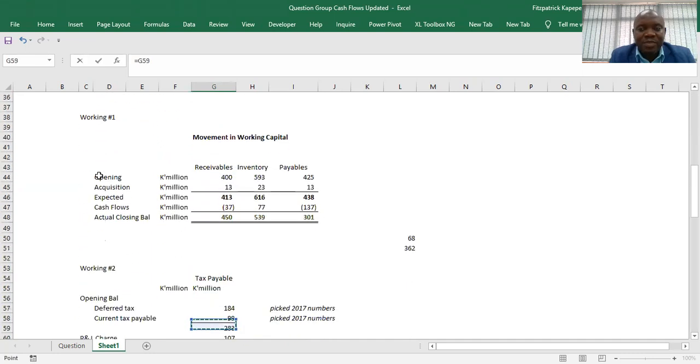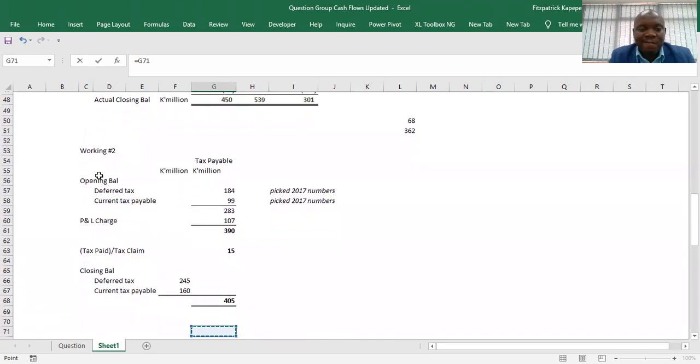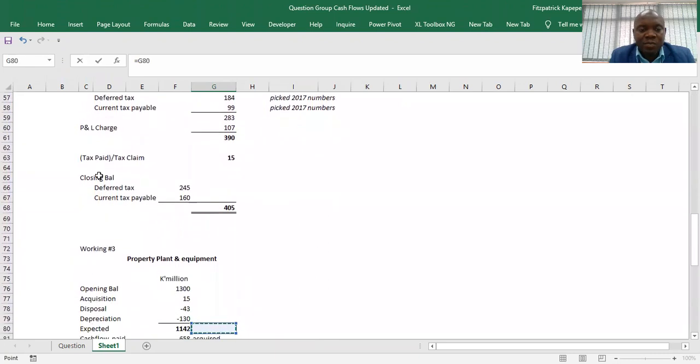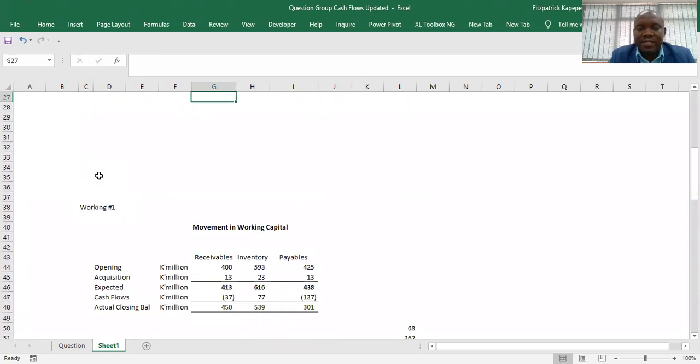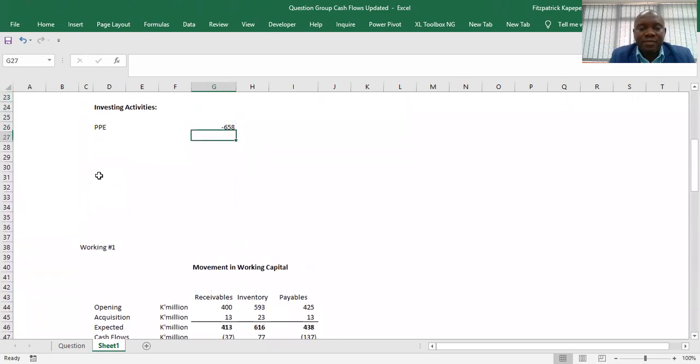We invested in PPE. How much? 658. There was also the disposal. Remember the disposal of PPE. At this point, we're only looking at cash movement, which was 50.